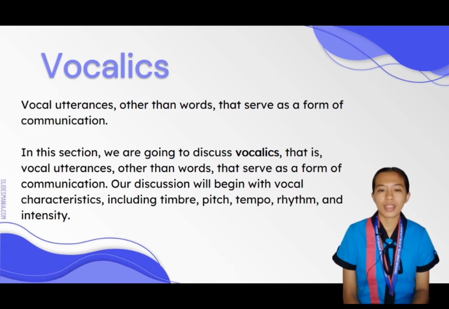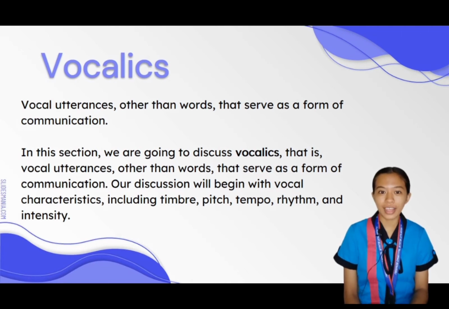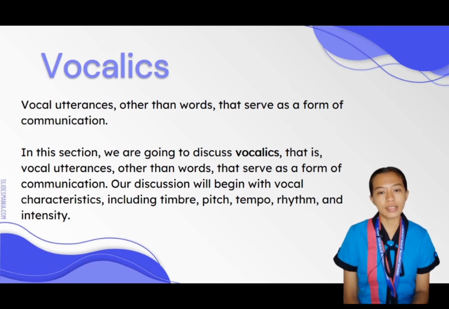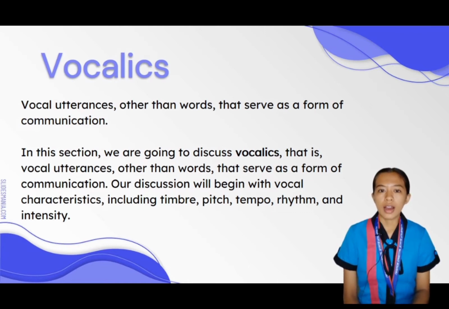Next is pitch, which is the placement of your voice on the musical scale, the basis on which singing voices are classified as soprano, alto, tenor, baritone, or bass voices. Next is tempo, the rate of your speech, how slowly or quickly you talk.